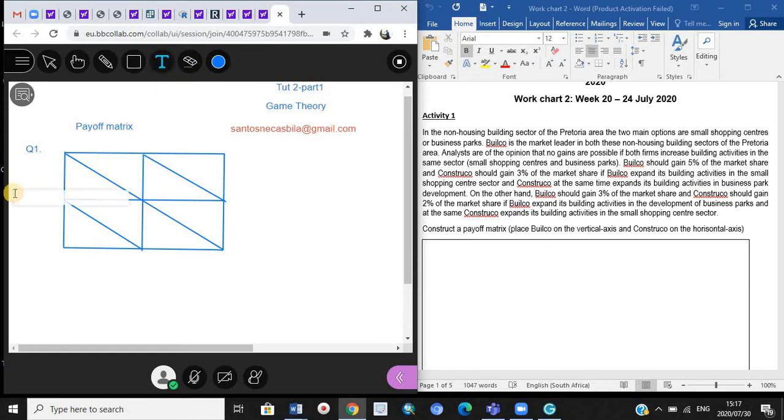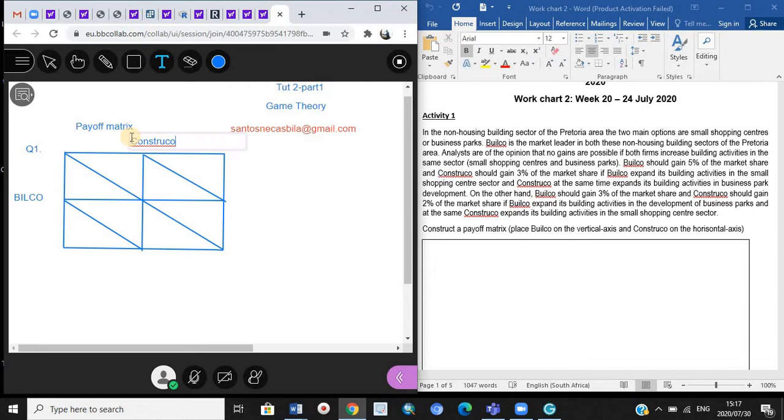I'm going to say that this is Bilko, and this is Constructor. Very good.